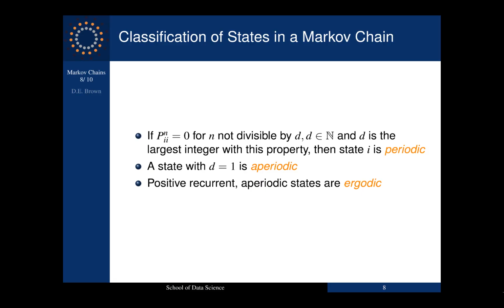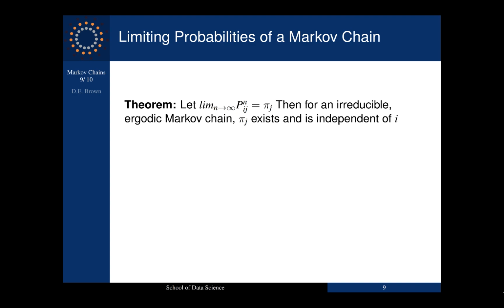A positive recurrent aperiodic state is called ergodic, and a Markov chain with that property is called ergodic. Now we go to the important theorem that gives us our limiting probabilities. The limiting probabilities tell us, over all time, which of these states we will end up in, and in particular, the probability of being in any of the states.